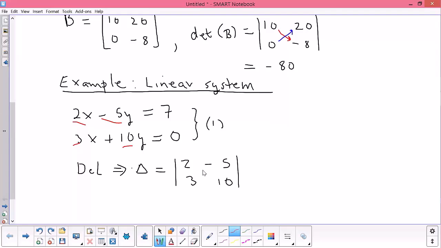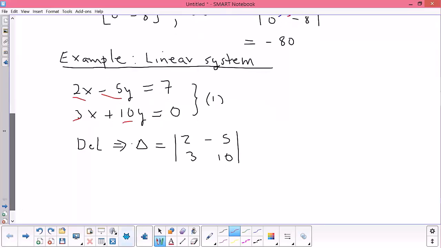Now, I want to solve for x. So this is using the theory first. If I want to solve for x, I will say x is equal to, and I'm going to use determinants again. Because I want x, I look at this first column that has the 2 and the 3, and I replace that with the right-hand side.